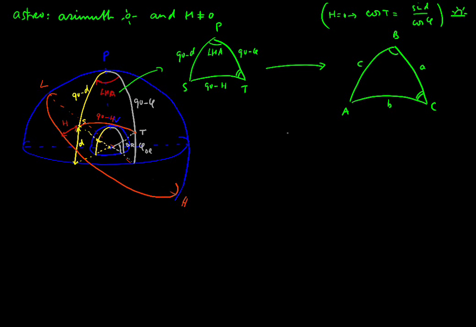I'm not deriving the formula, but in triangle ABC you could say that the cotangent of C times the sine of B equals the cotangent of small c, sine of the small a minus the cosine of the angle B, our local hour angle, and the cosine of the small a.